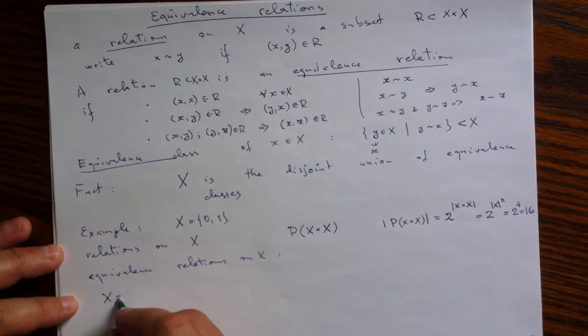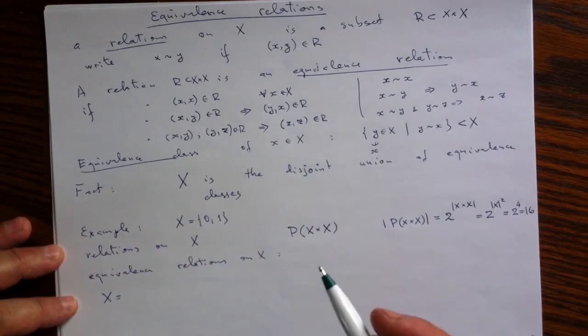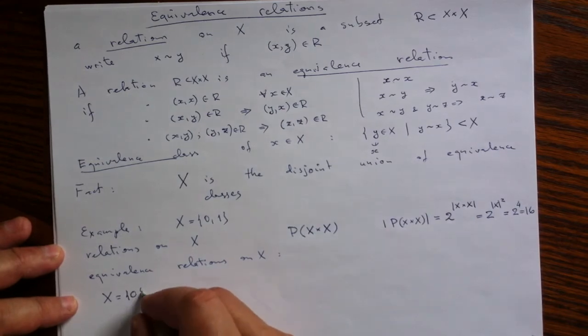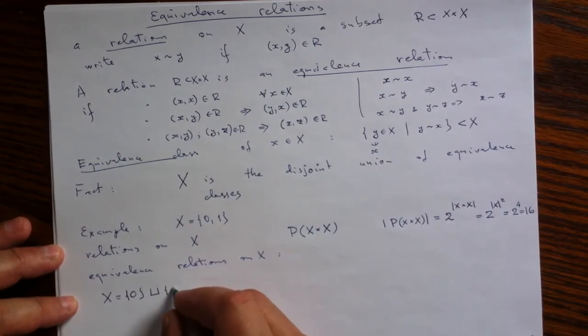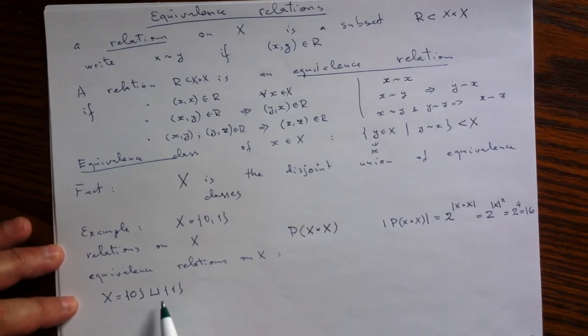And the first such is, well, we only have 2 elements to distribute between the classes, so we can keep them in separate classes, and that is always possible for any X. So any element is just its own equivalence class. That is a trivial equivalence relation where nothing is equivalent unless it is equal.